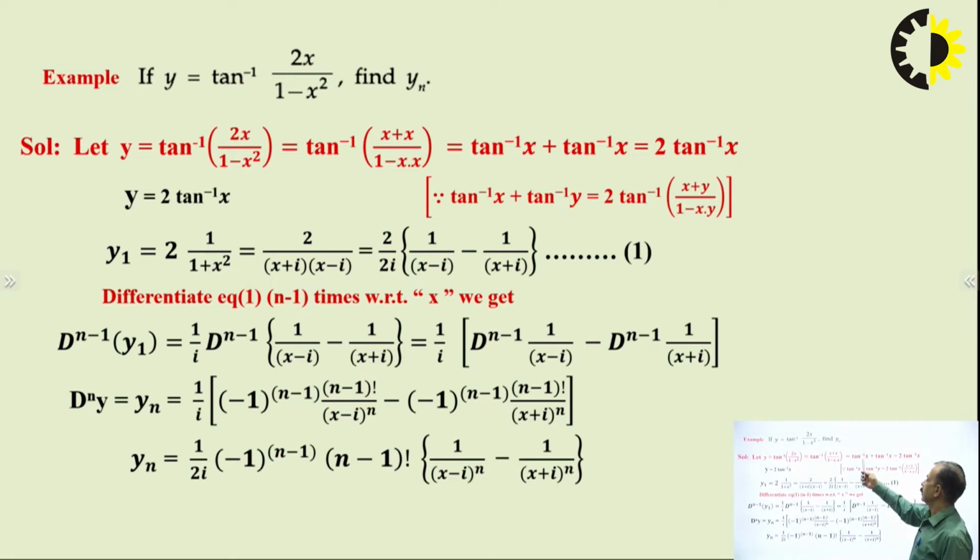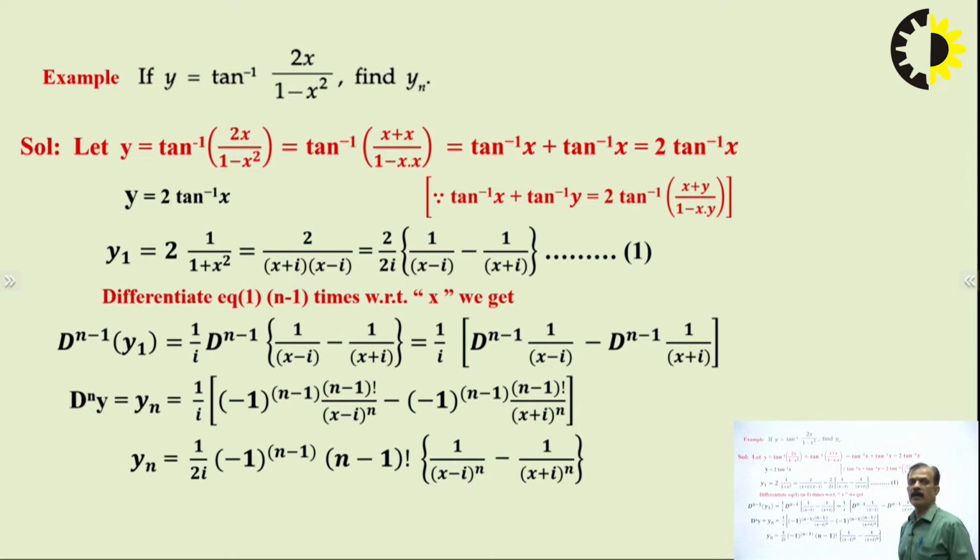Here, tan inverse x plus tan inverse x is twice tan inverse x. So we can write the given function in terms of 2 into tan inverse x.